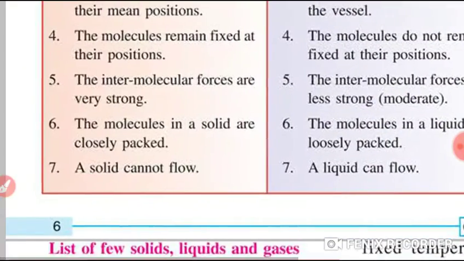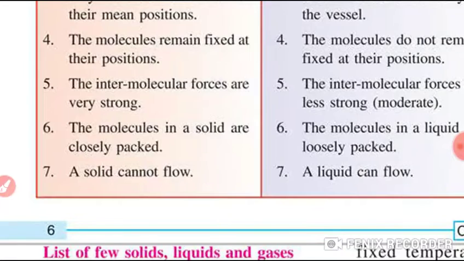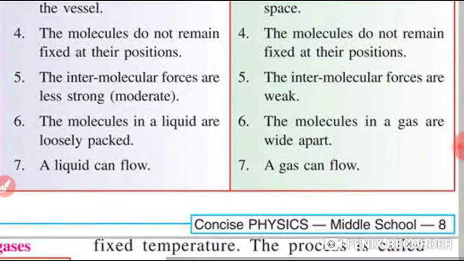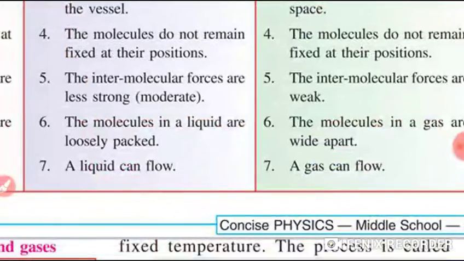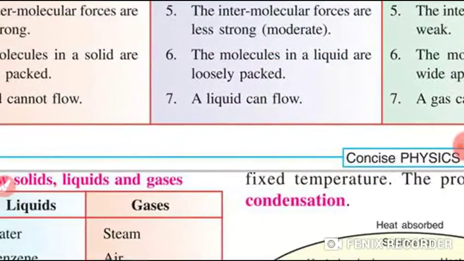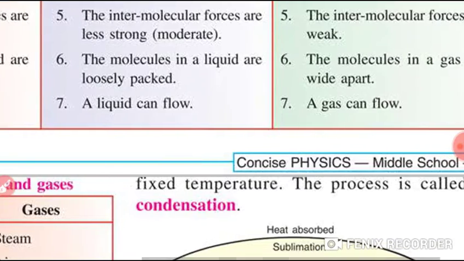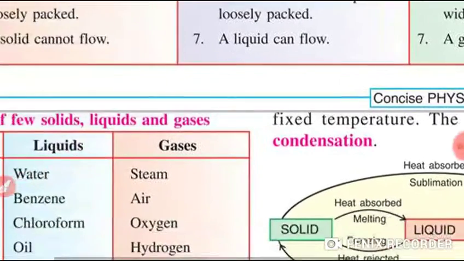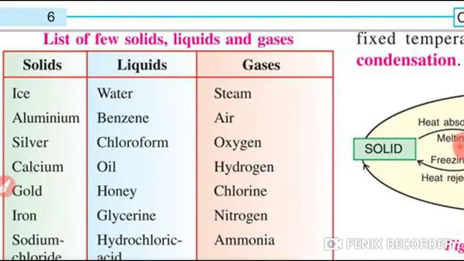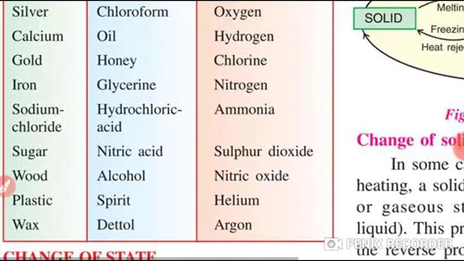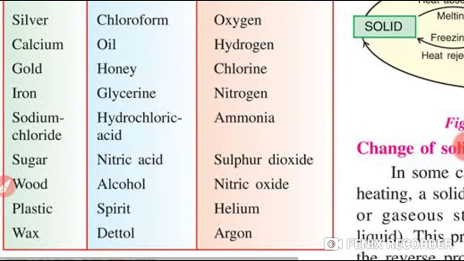In solids, the molecules are closely packed, while in liquids they are loosely packed, and in gases the molecules are far apart from each other. Solids cannot flow, liquids can flow, and gases also can flow. Here are some examples of solids, liquids, and gases. Have a look at them. Okay, students, I'm showing you.